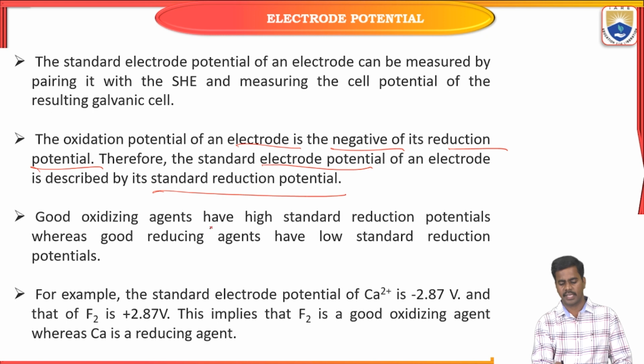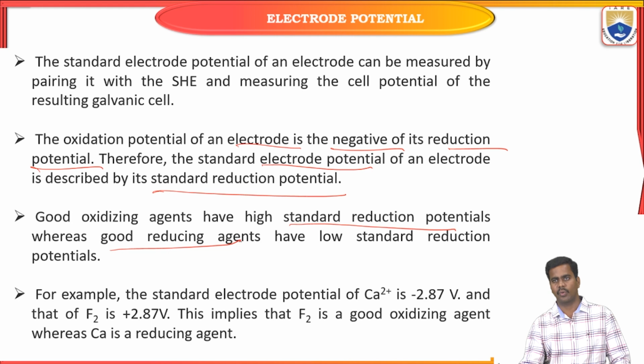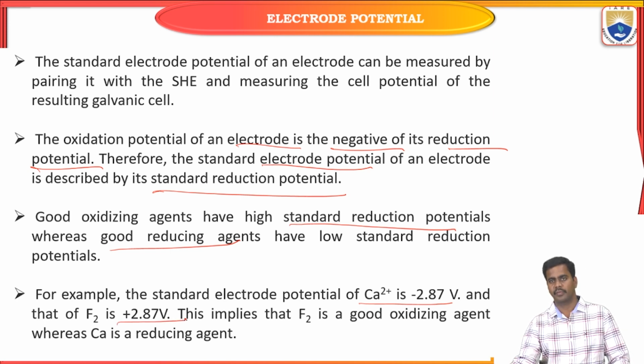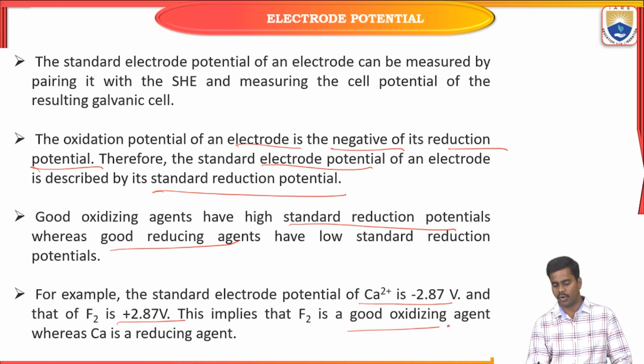Good oxidizing agents have high standard reduction potentials, whereas good reducing agents have low standard reduction potential values. For example, let us consider calcium at minus 2.87 volts. That is the standard electrode potential of calcium. And fluorine is plus 2.87 volts. Fluorine acts as a good oxidizing agent, whereas calcium acts as a strong reducing agent.